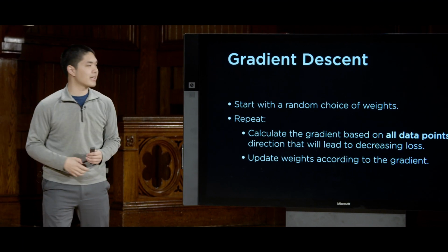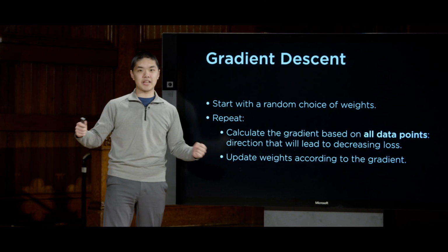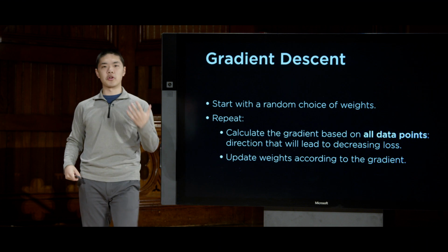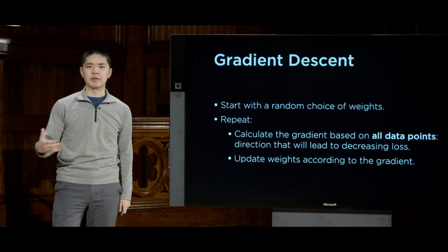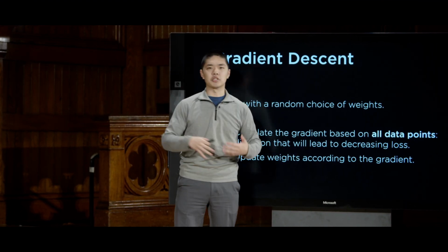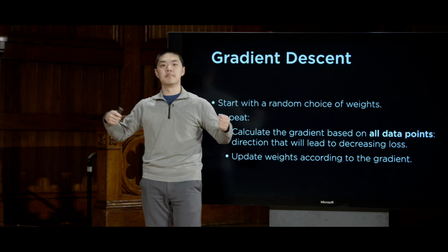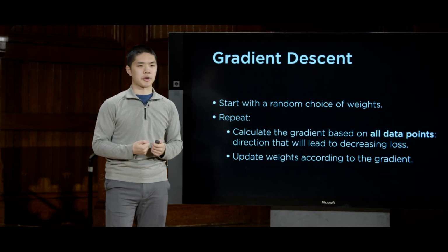And you'll have to do it many times. You'll likely repeat this process again and again and again, going through all the data points, taking one small step over and over as you try to figure out what the optimal setting of those weights happens to be. It turns out that we would ideally like to be able to train our neural networks faster, to more quickly converge to some sort of solution that is going to be a good solution to the problem.